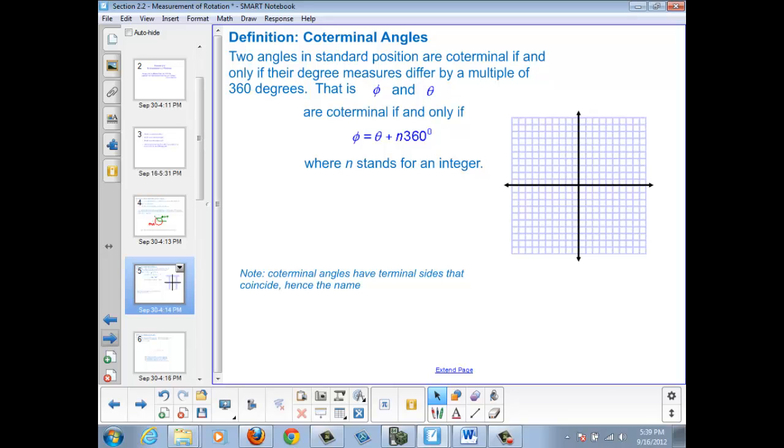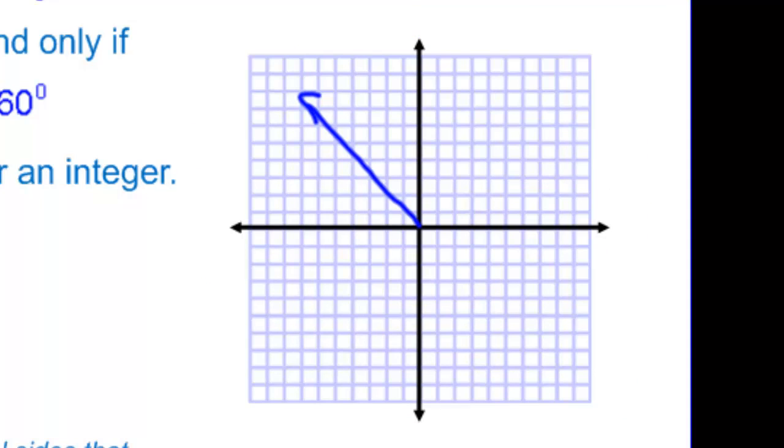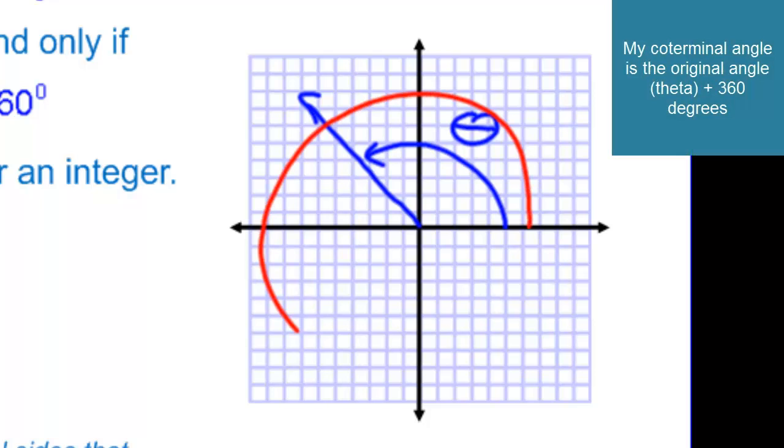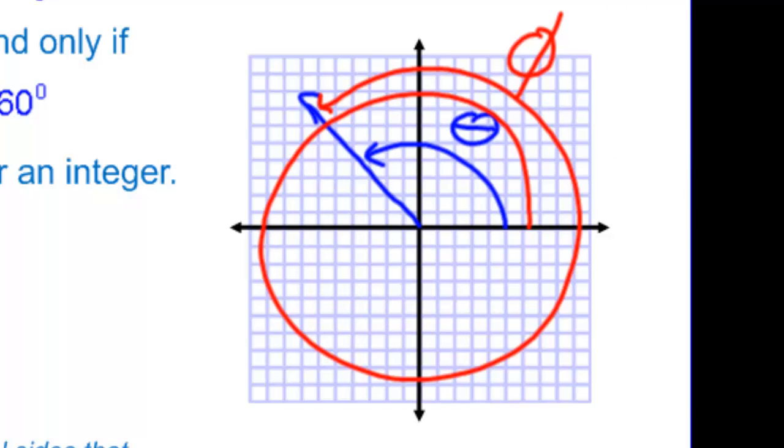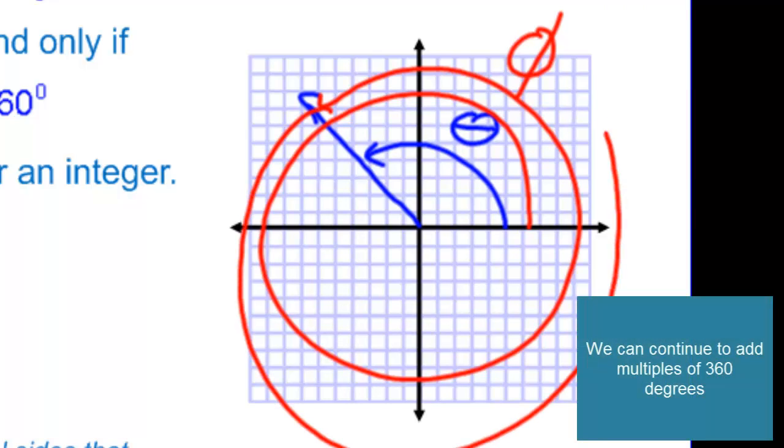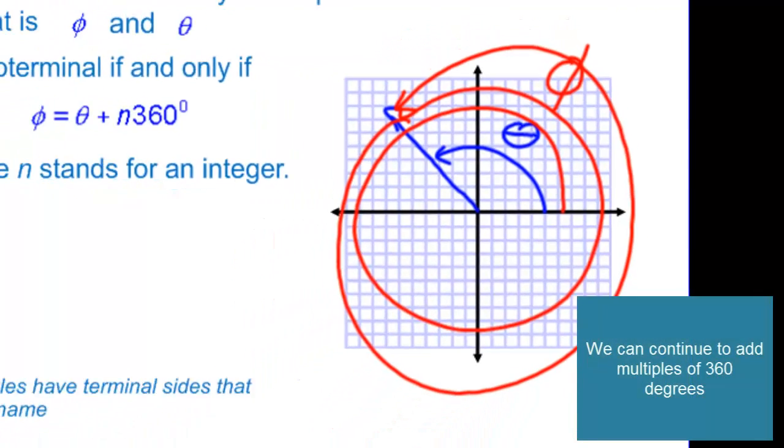That means if we start in that second quadrant, my initial angle, theta, would have a coterminal angle that would be the original angle plus 360 degrees, or plus another 360 degrees.